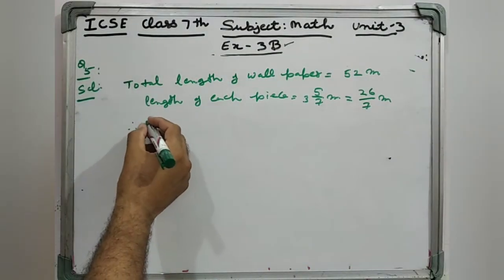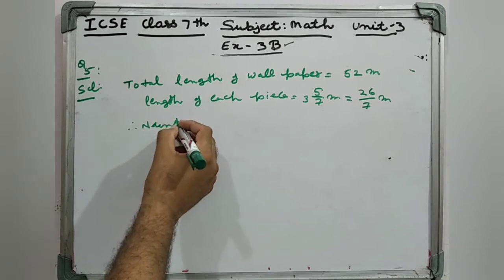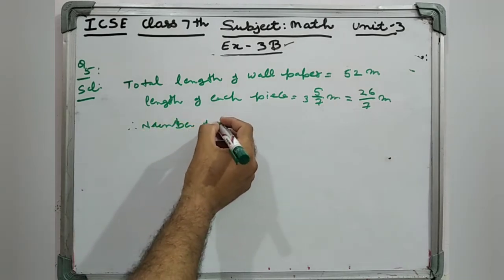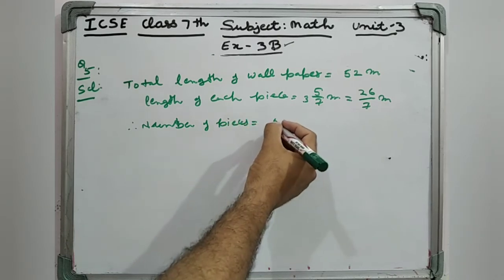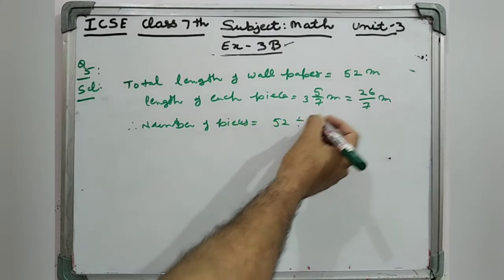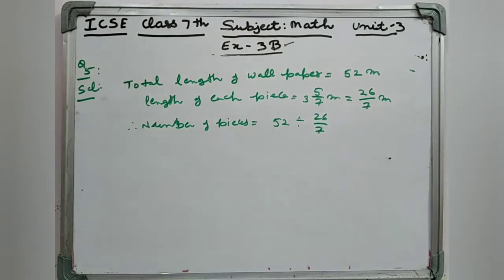Therefore the number of pieces is equal to the total length divided by the length of each piece, right?